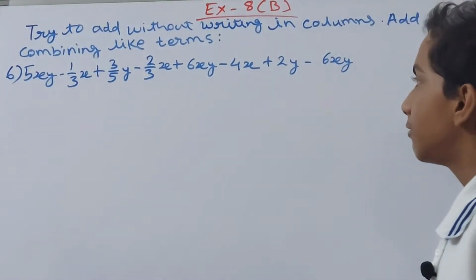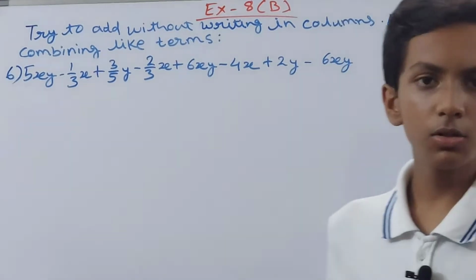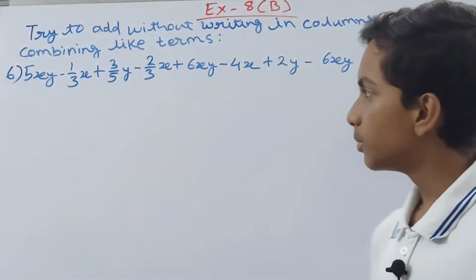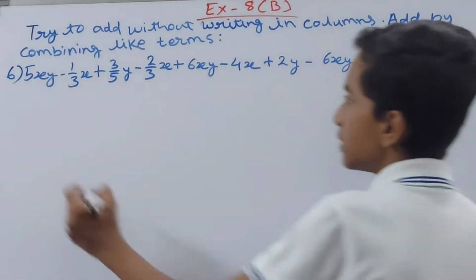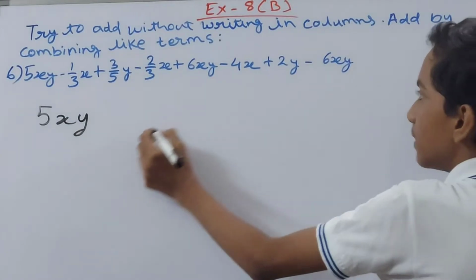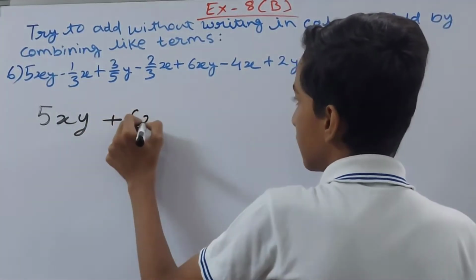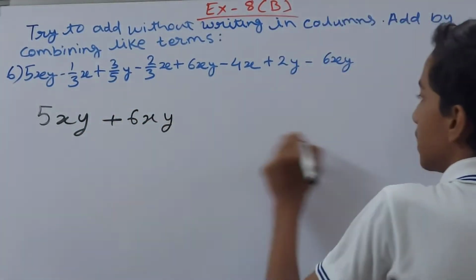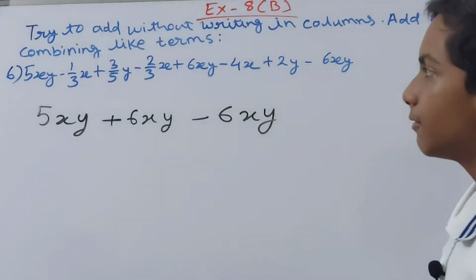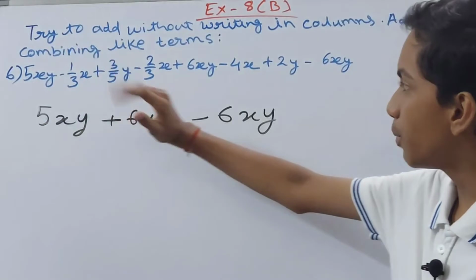First we have 5xy, so let us look for like terms with xy in their variable part. First this one, 5xy, then this one plus 6xy, then minus 6xy, and no other terms. Now we have minus 1 upon 3x.